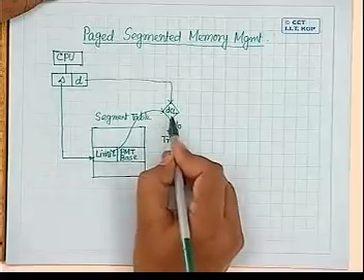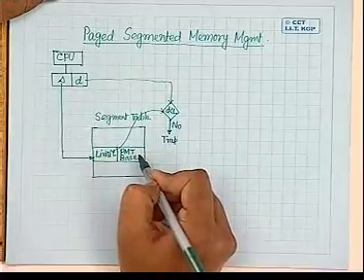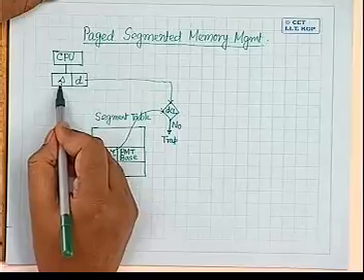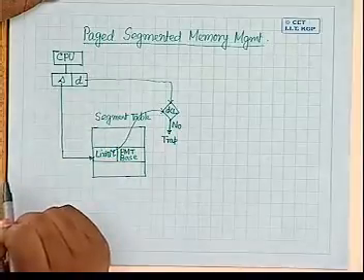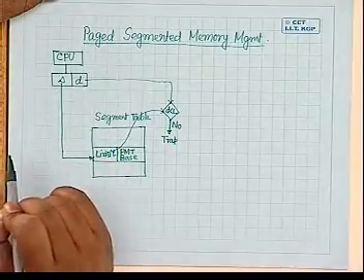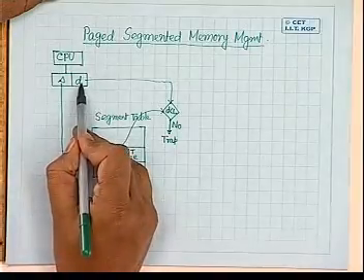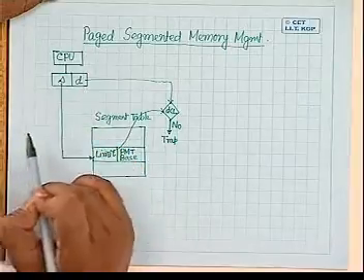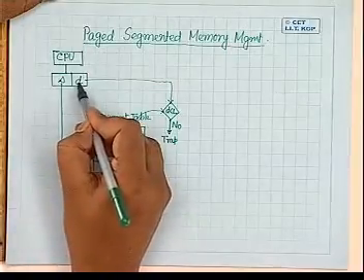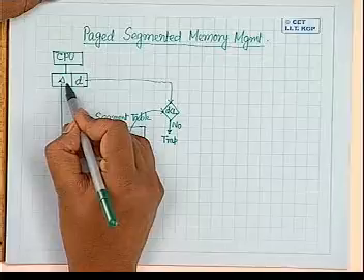If this condition is satisfied, that D is less than limit, then, as I said, every segment will be broken into a number of pages. How do you break it into a number of pages? I can assume that this D specified by this address is nothing but the logical address within the segment.